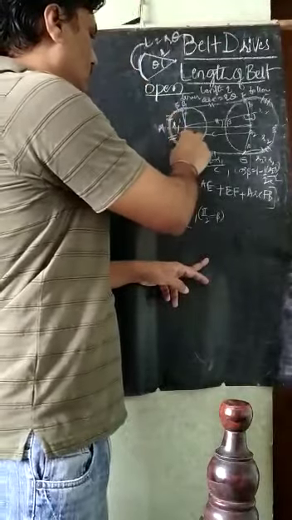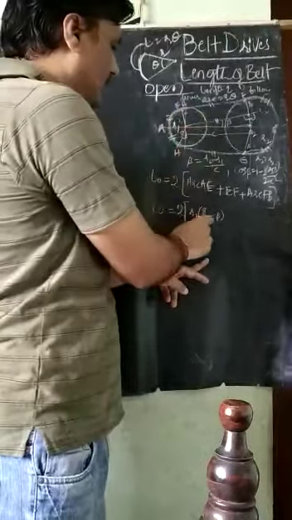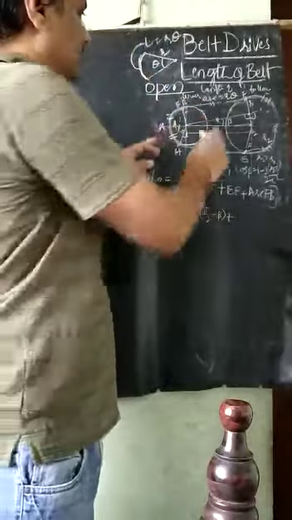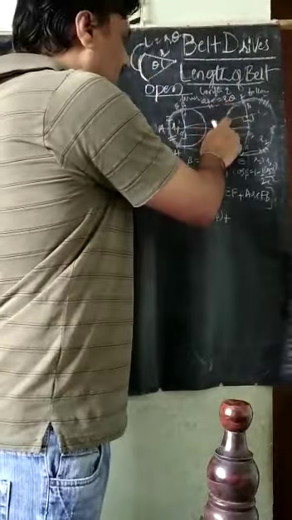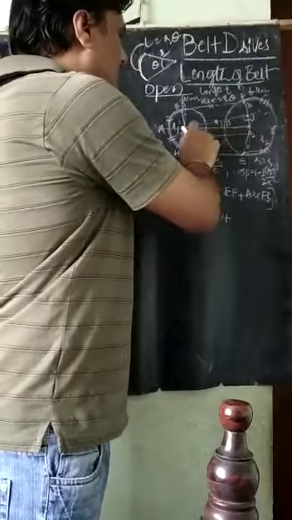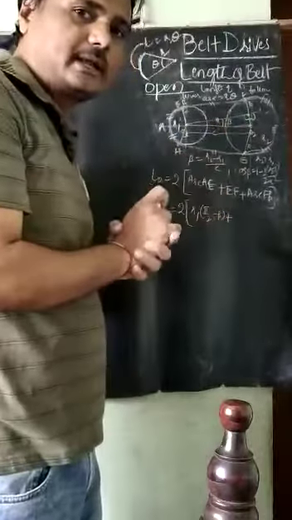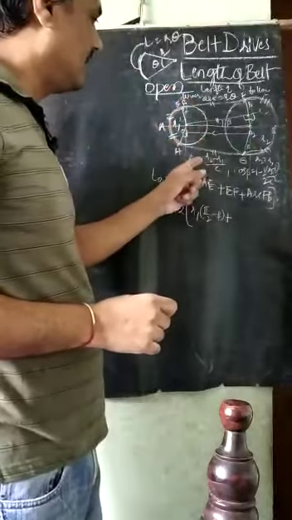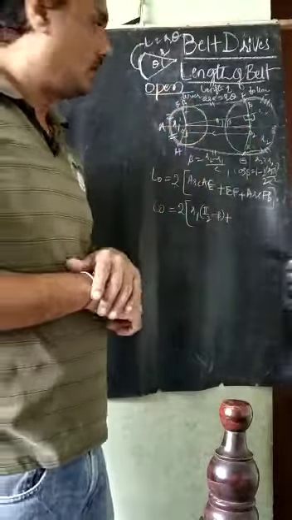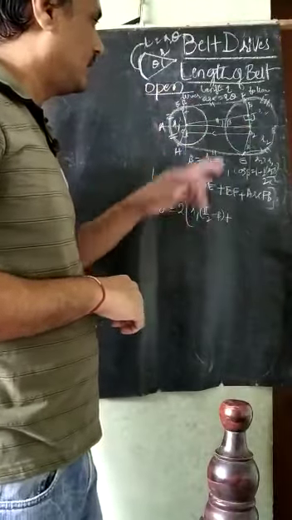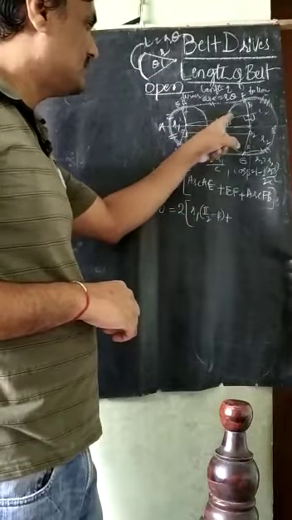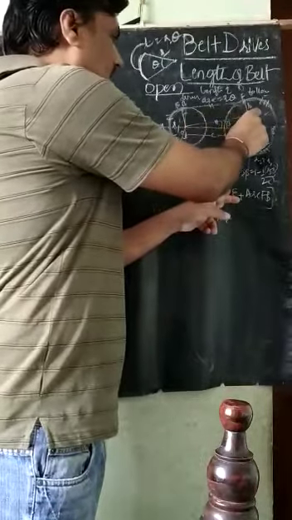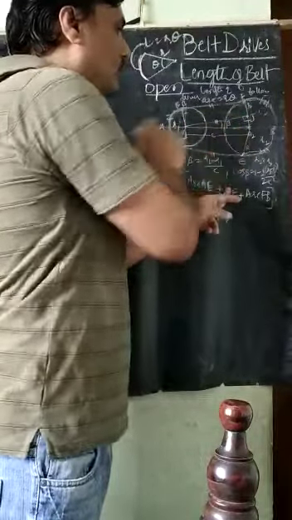Plus EF, which is the same as O1J, because we have drawn it like that. If I apply cos beta in this triangle, cos beta is equal to adjacent, O1J, divided by hypotenuse O1O2.